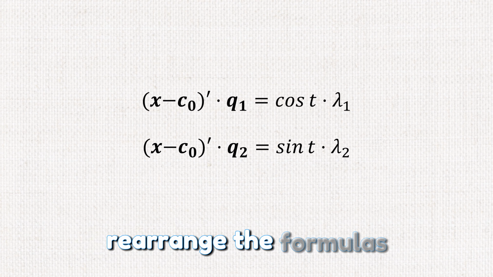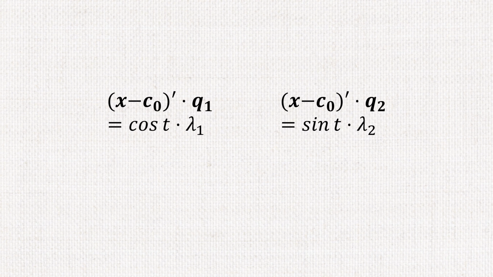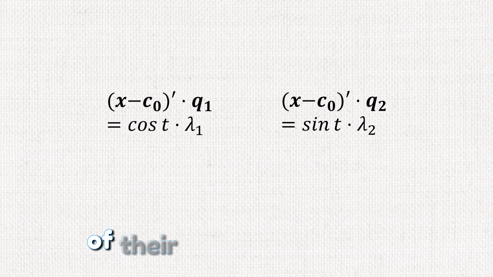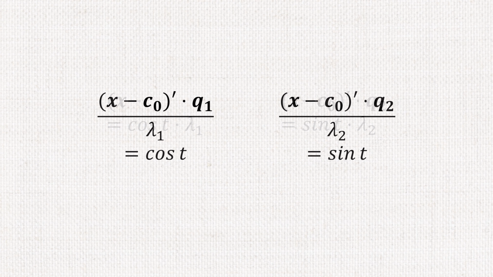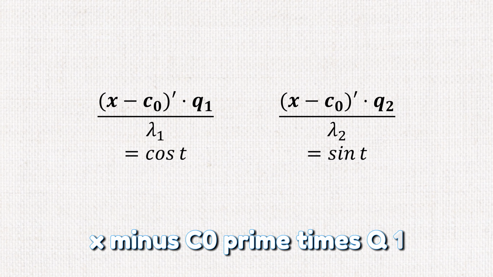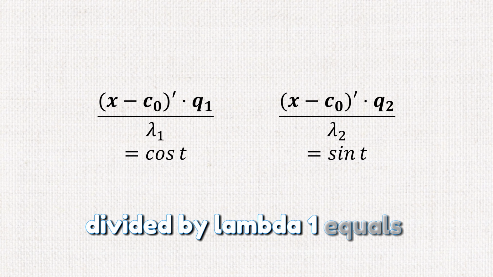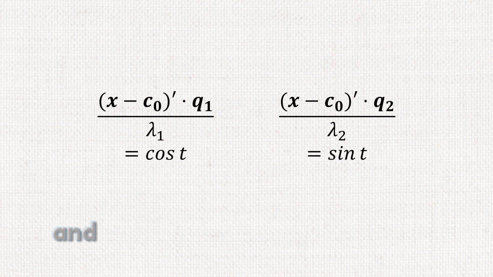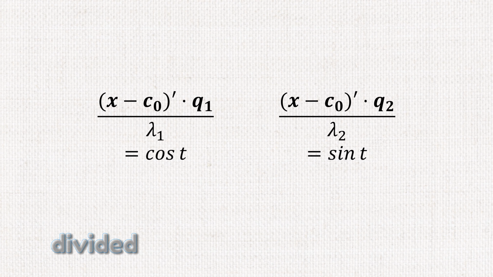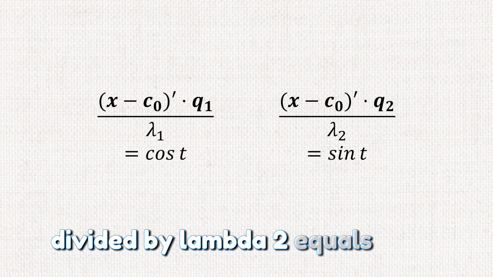Rearrange the formulas and divide both equations by the half-length of their corresponding axis. We get x minus c0 prime times q1 divided by lambda 1 equals cosine t, and x minus c0 prime times q2 divided by lambda 2 equals sine t.